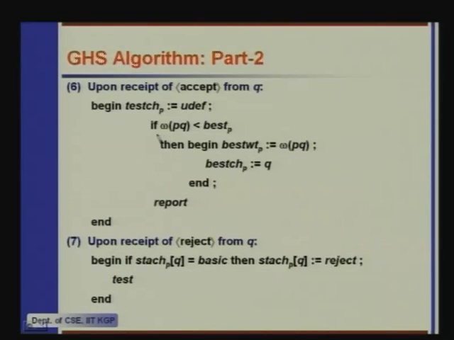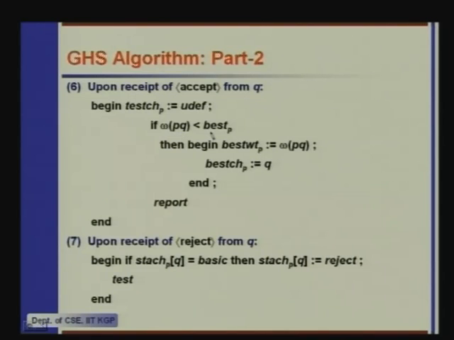So let us see what we do. We compare this WPQ, the edge cost, with best P. Best P is the best that P has seen so far, that includes its own and its subtree. If it finds that this is lesser than that, then it has found a better candidate.